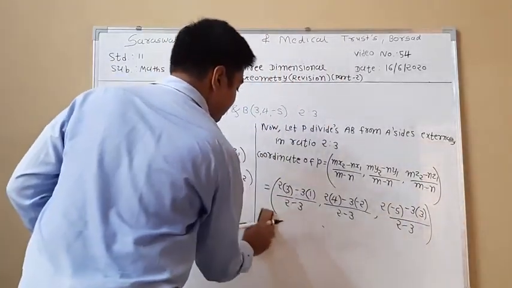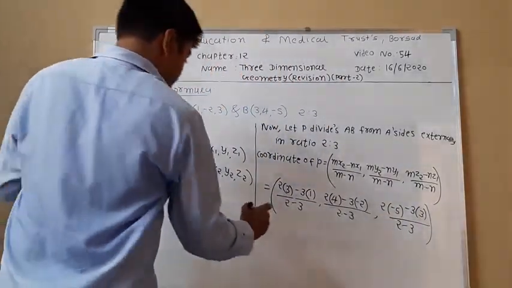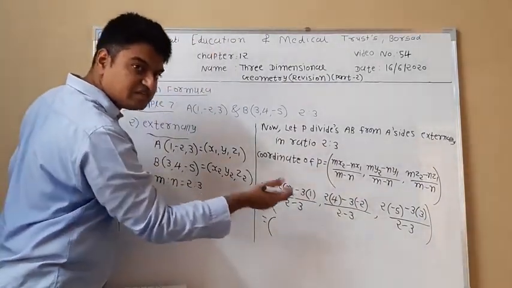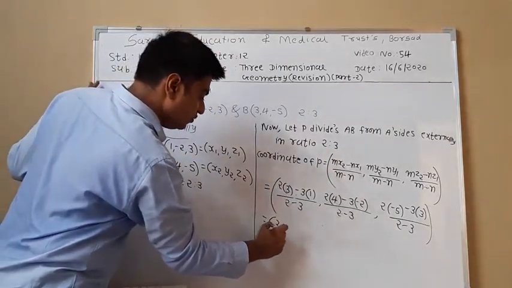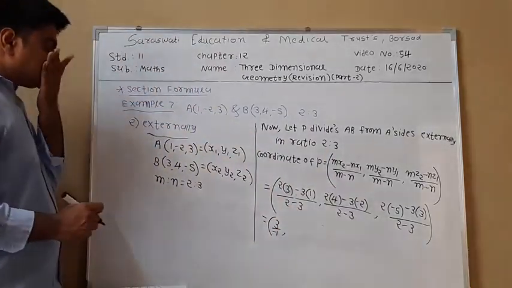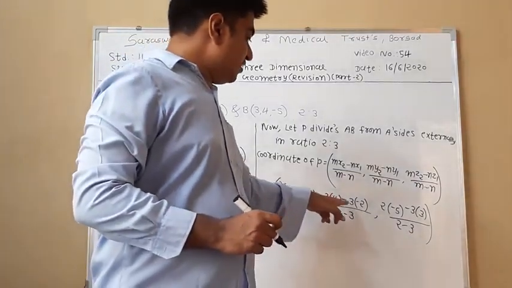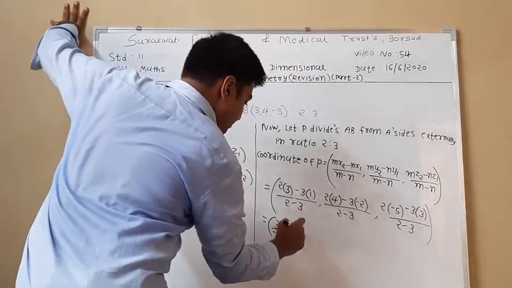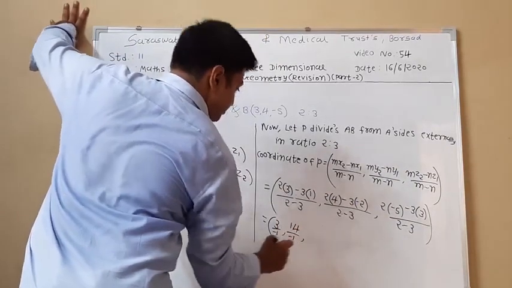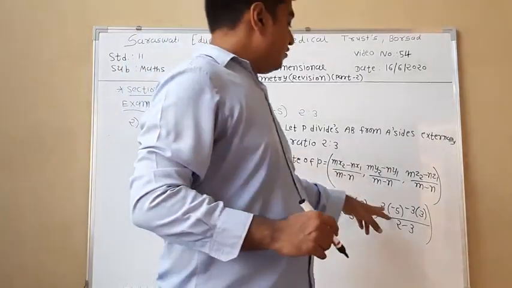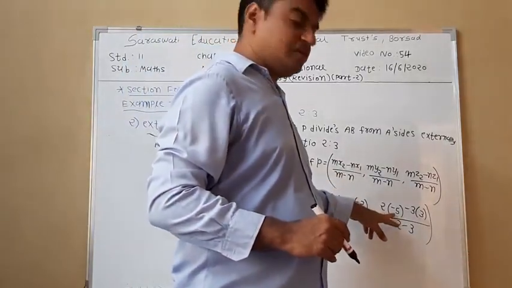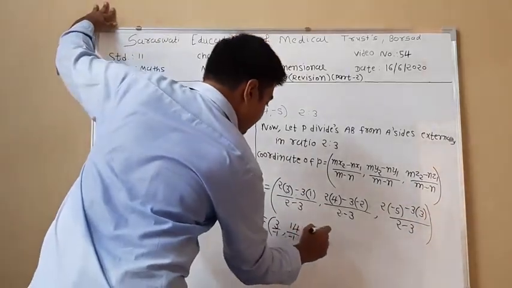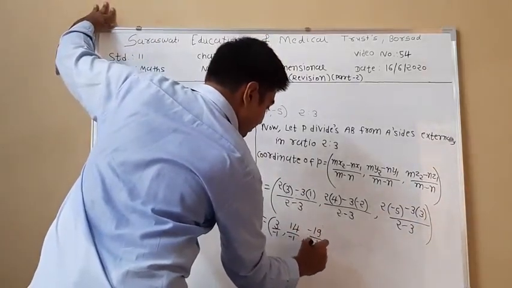Now after calculating these terms, we get the answer. So P is equal to, in bracket, 3 times 2 is 6, 6 minus 3, that means 3, 3 upon minus 1, comma 4 times 8, minus minus plus 6, so 8 plus 6, that means 14 upon minus 1, comma 2 into minus 5, that means minus 10, minus 10 minus 9, that means minus 19 divided by minus 1.